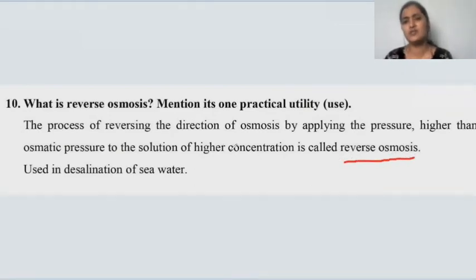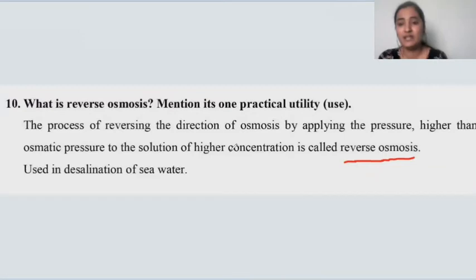Where is this reverse osmosis process used? Children, the best example is what you usually use at home for drinking water. When we need good quality drinking water, we use water purifiers. There we install an RO plant. What does it mean?